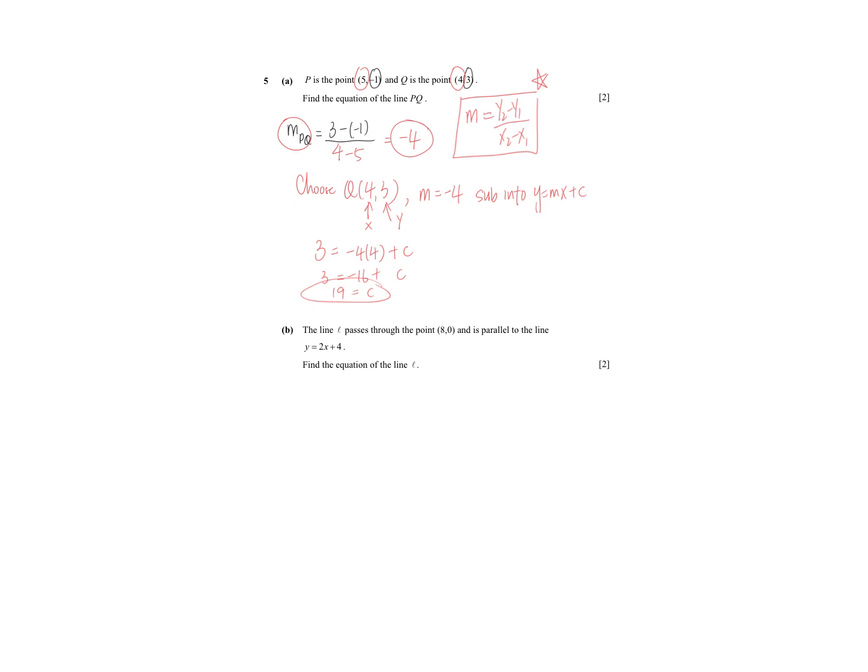Okay, so don't stop here. Go and find the final equation for me. So equation of line PQ is y equals to minus 4x plus 19. Okay? So this one, if you get it right, you get your 2 marks. So please do it carefully.